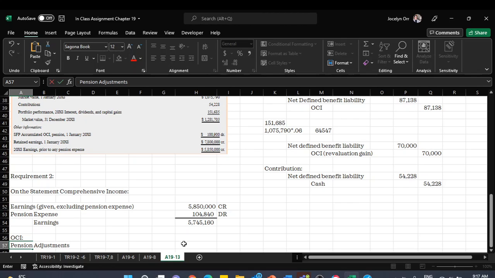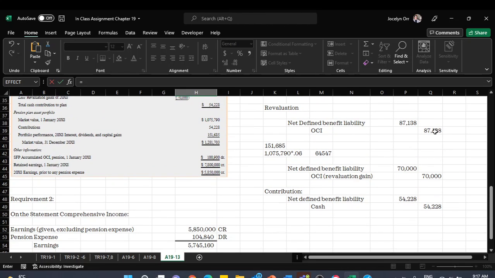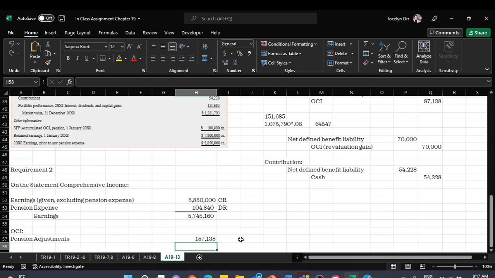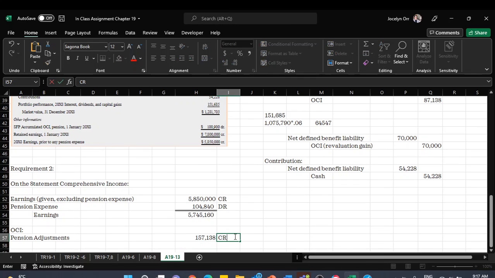In terms of OCI, our other comprehensive income, we have pension adjustments, right? Because we just made those through our journal entries. For OCI, we had $87,138, and we're going to add to that the $70,000. Okay, that gives us an amount of $157,138, and we know that these were credits to OCI.